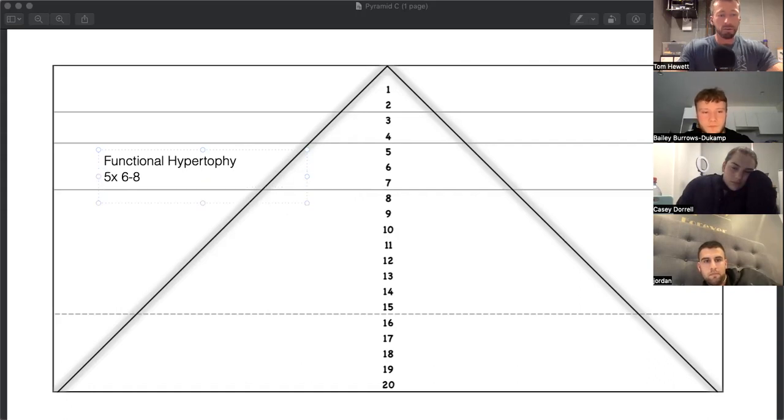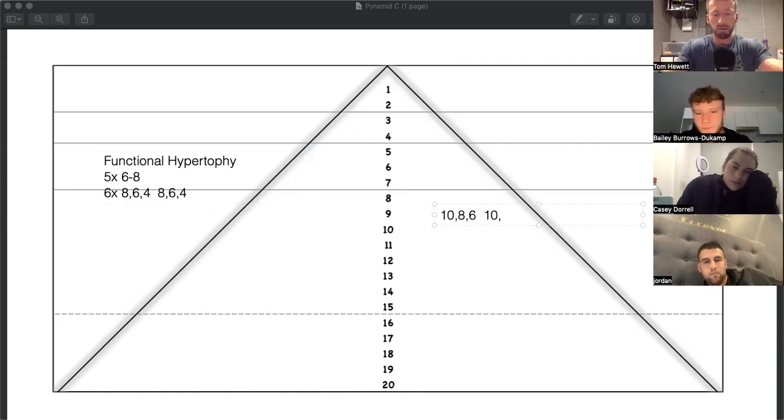You could do the 6 sets of the wave load we were talking about, which would be 8-6-4, 8-6-4. Do you guys use wave loading at all? I do. The main one I use is actually 10-8-6. A 10-8-6, yeah. That one's probably just at the bottom of hypertrophy. Yeah, but also a great system.